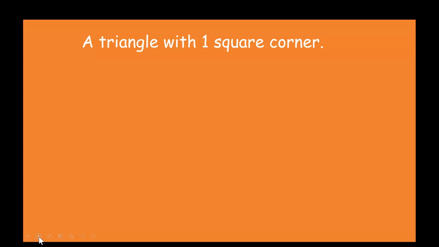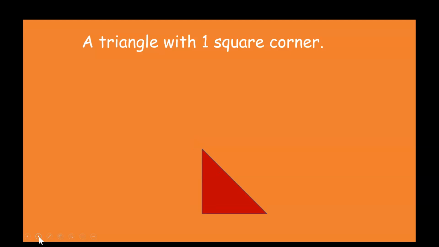All right, now you're going to make a triangle with 1 square corner. 1 square corner with a making a triangle. Here's how I did mine.